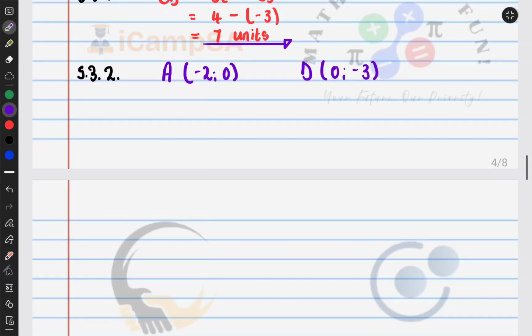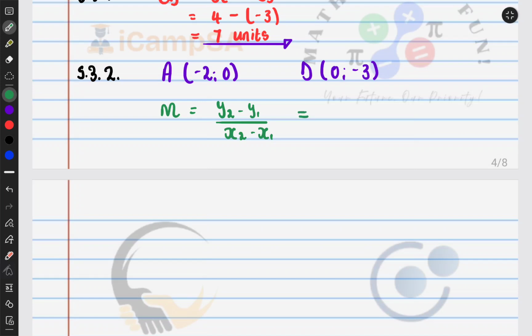Okay, so first things first, we need to calculate the gradient of this line, which is our m. The gradient is the difference of the heights over the difference of the run. So we're gonna have y2 minus y1 over x2 minus x1. Looking at the line that goes through A and D, it's gonna have a negative gradient since it's a decreasing function.